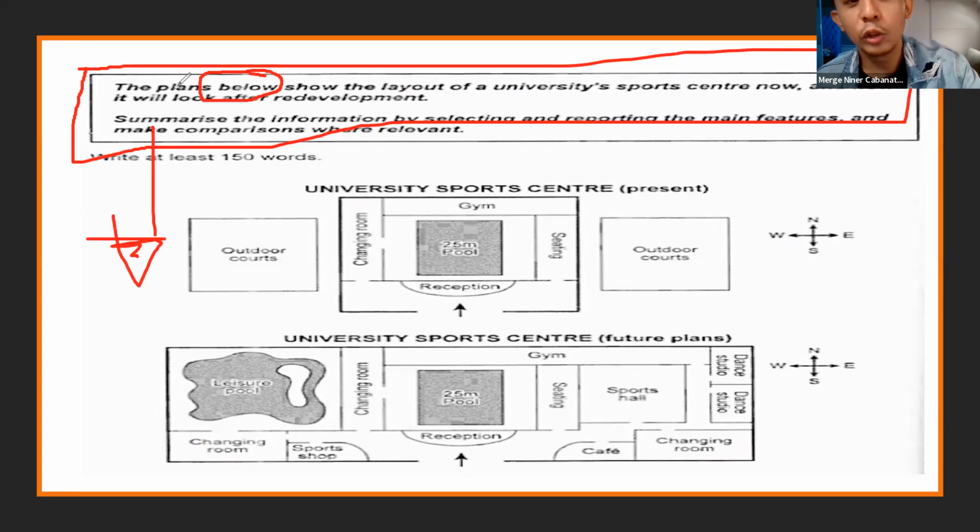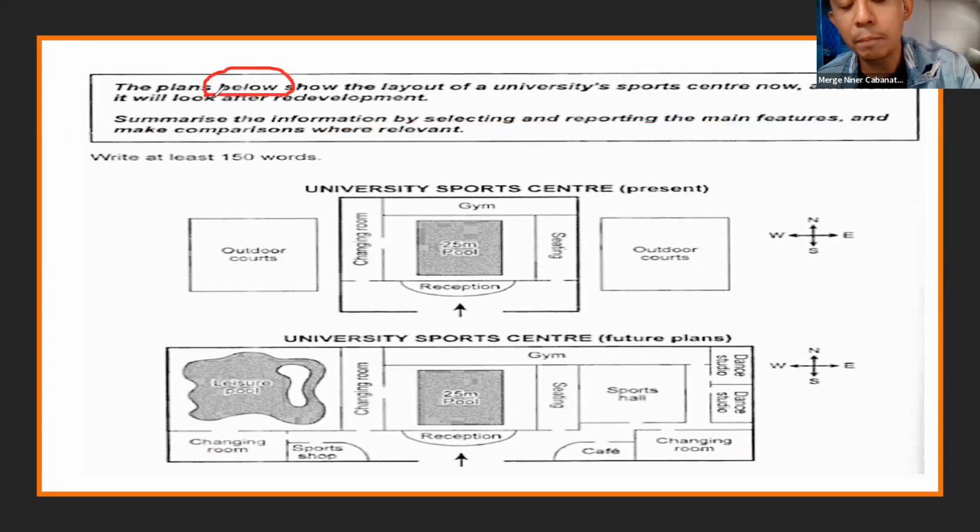Now, you will not be writing below or any of its synonyms like under in this sentence. So you don't do that. Why? Because examiners will not be seeing any maps below it. That's why this is the word that you should totally omit. No below, no under, no to any of its synonyms.